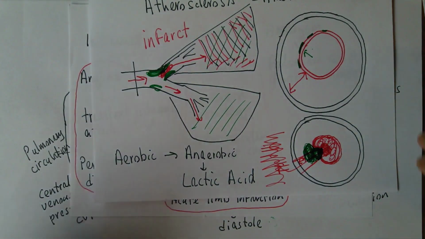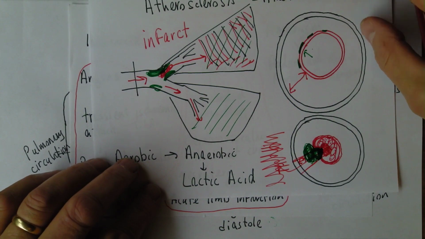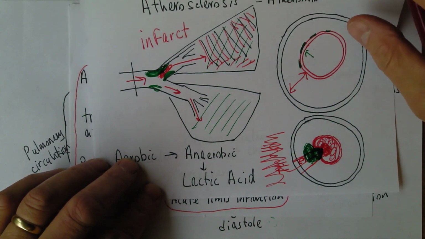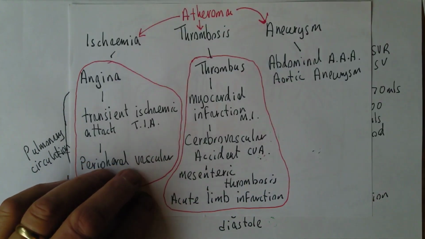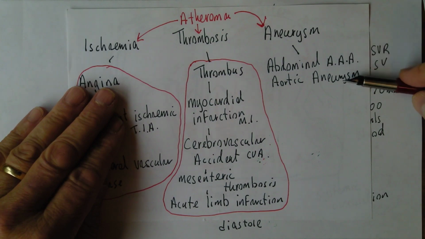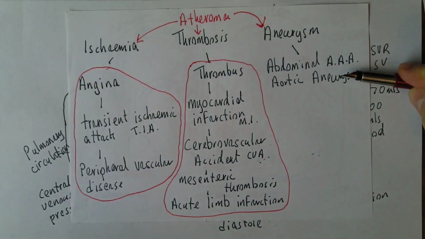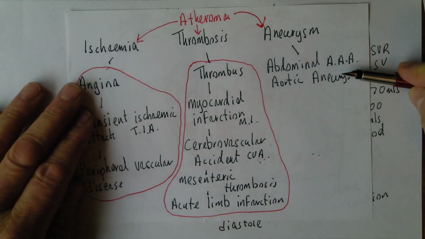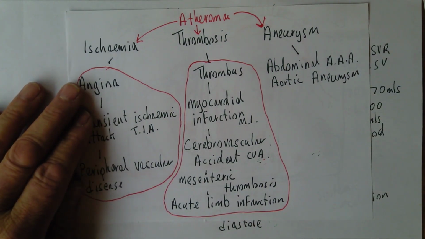Or if it's in the thoracic cavity, it can be a thoracic aortic aneurysm. The ones we tend to see most in hospital are the abdominal aortic aneurysms. Now, we can send these to the vascular surgeons if we catch them early enough, but by the time they rupture, the patient's prognosis is poor because of the torrential blood loss.